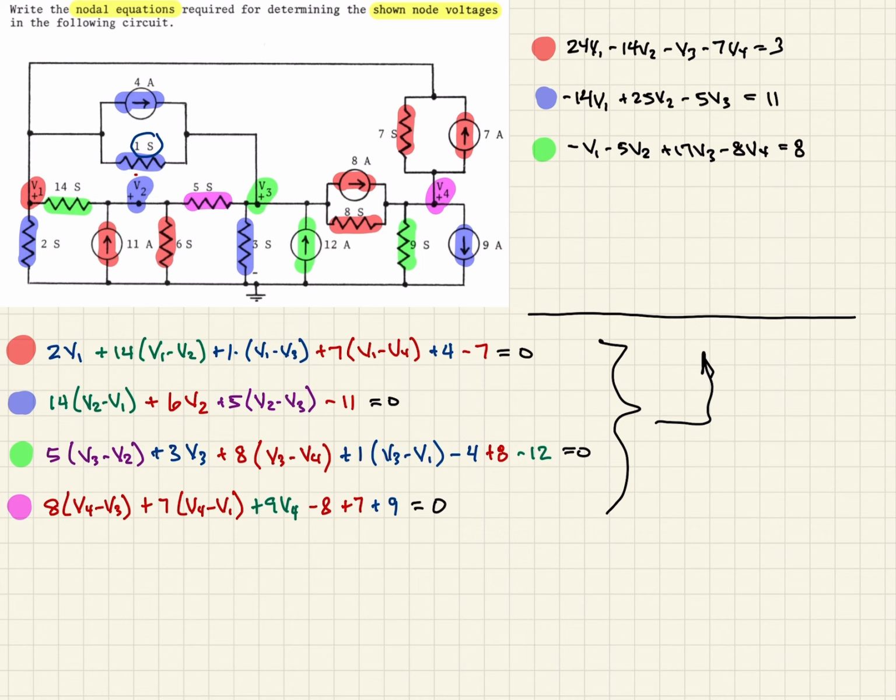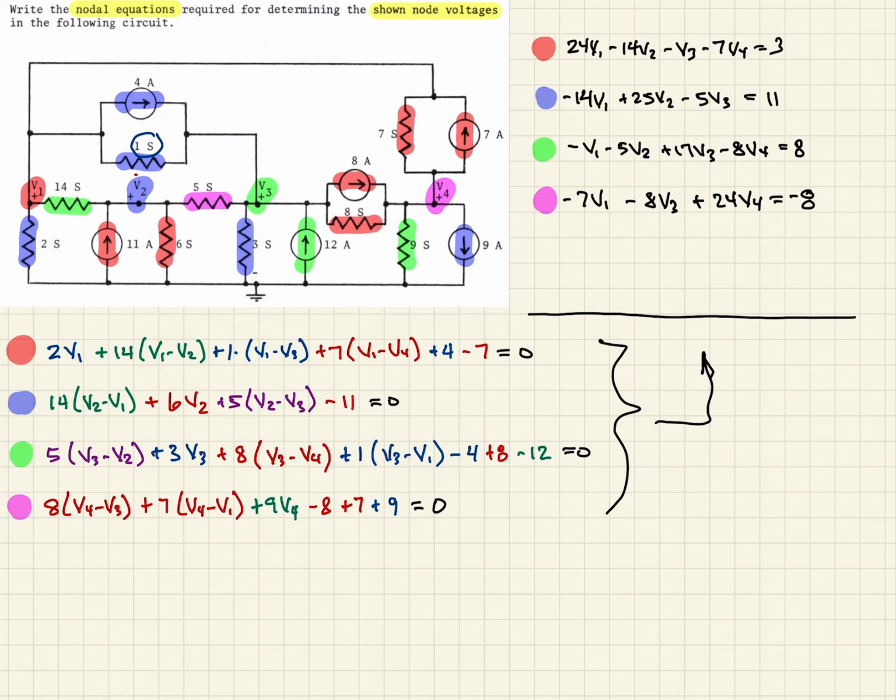And then finally, we've got V4, which we designated as the purple node. That is minus 7 V1 minus 8 V3. There is no V2 component. And then plus 24 V4. And that's going to all equal minus 8.